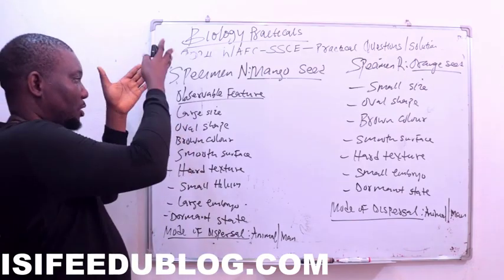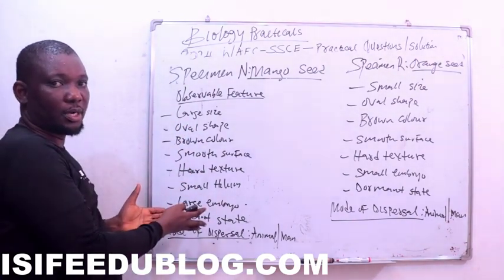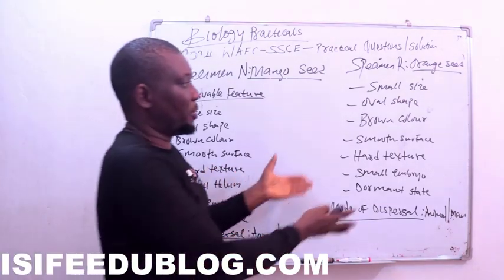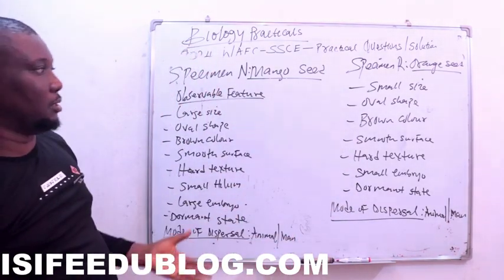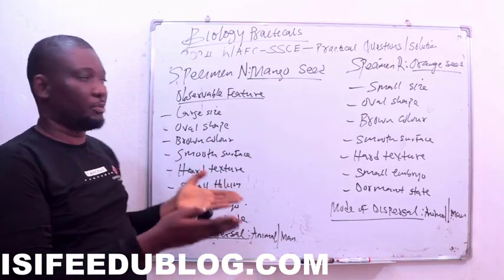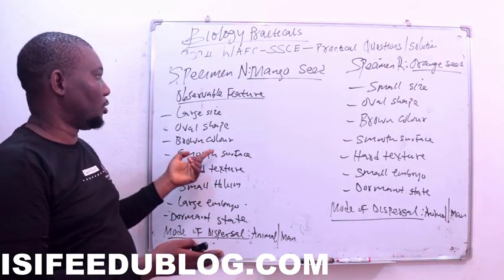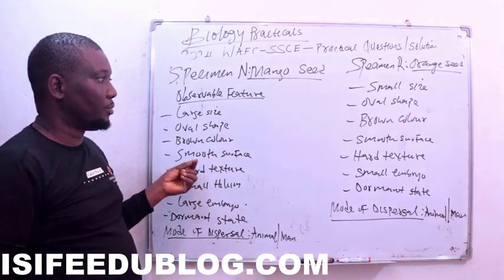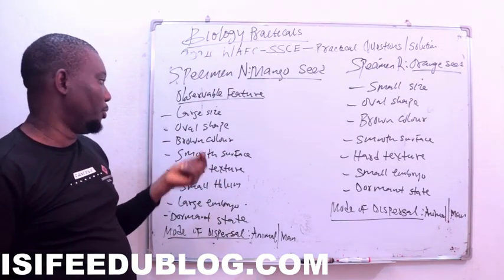So these are the observable characteristics for mango seed and orange seed. Oval shape, brown color for both, smooth surface for both.